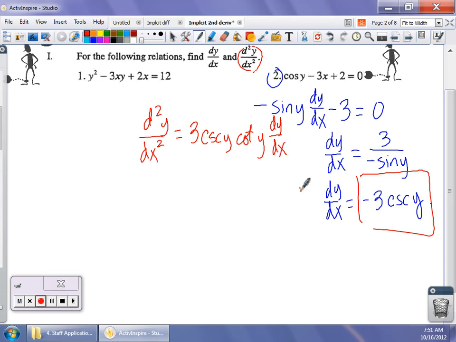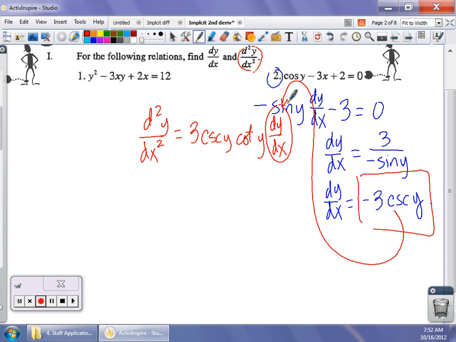So here's the only little added thing to finding the second derivative. Notice that my second derivative has a dy dx in it. So all I'm going to do is to go back and replace that dy dx with its equivalent, its first derivative.